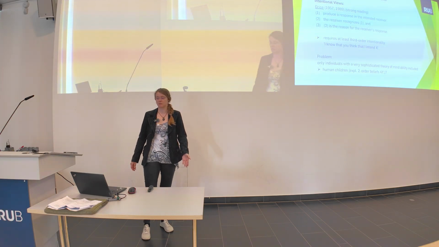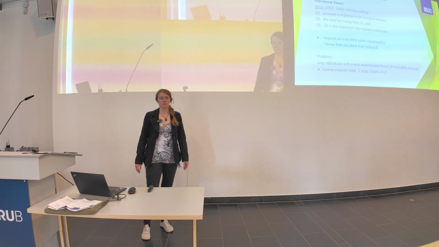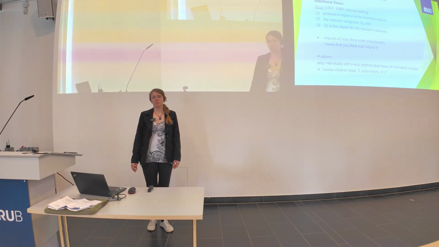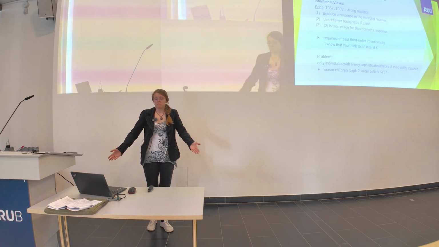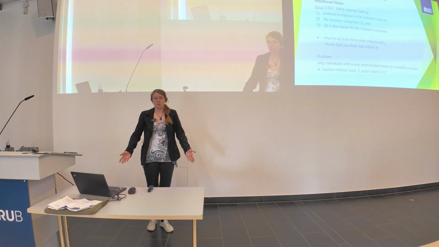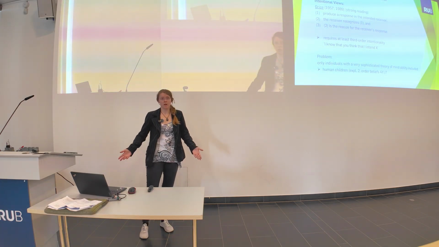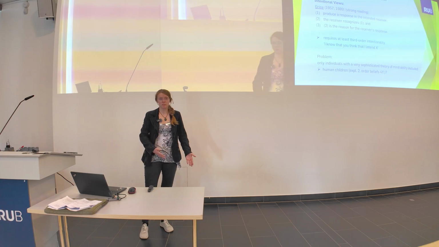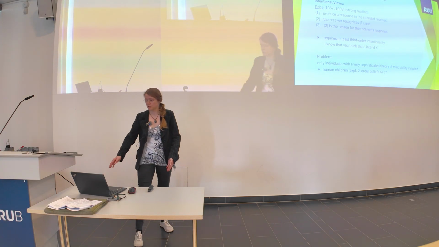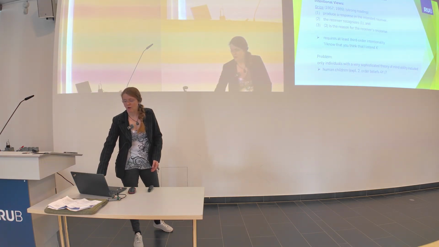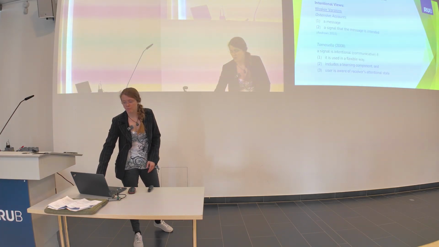We can then either say, well, children below the age of around 4 are not communicating, and animals are not communicating either, or we say, maybe something is wrong with these presuppositions. There are, of course, a few possibilities to solve this problem, but I won't go into detail on them now.